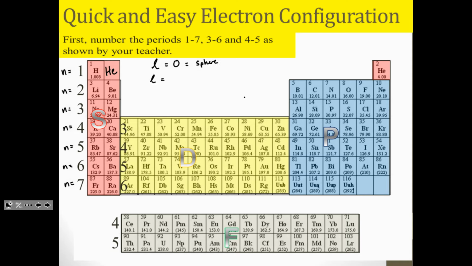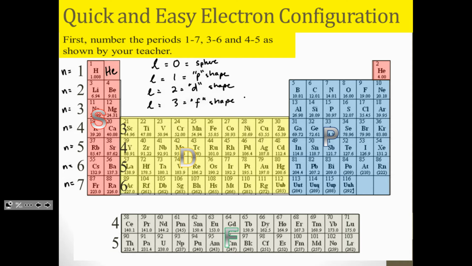If l equals 1, that is the P shape. l equals 2, that is the D, donut or daisy shape. And then l equals 3 would be down in the F block, and that would be the F shape, which is fancy or flowery shape.